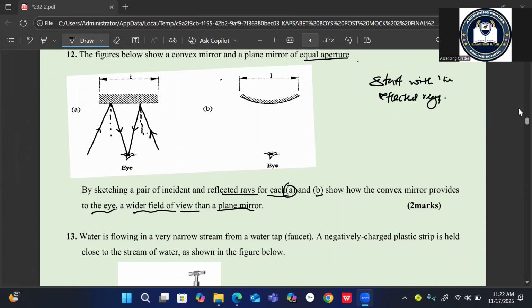So when it comes to the convex mirror, you also start with the reflected rays.